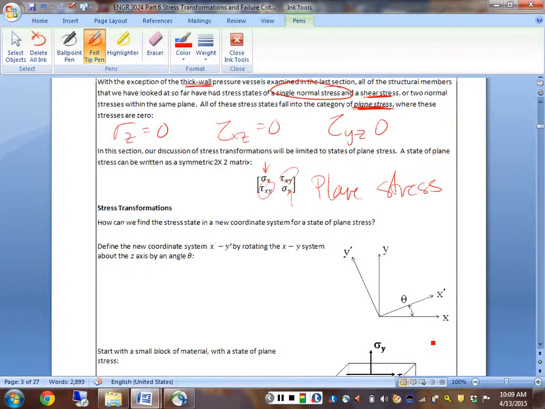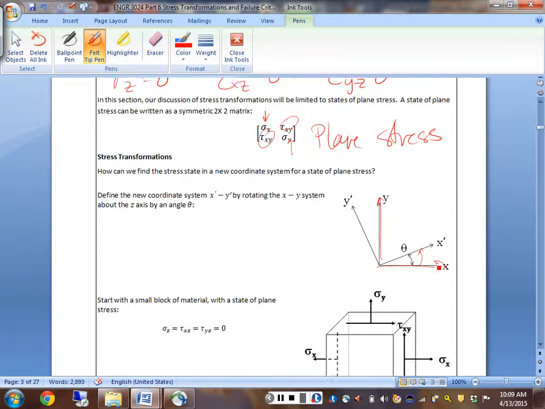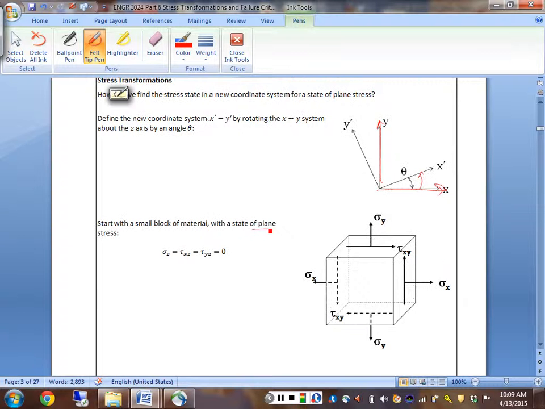So what do we do? We need to be able to transform a stress state into some other coordinate system. And we define that if we say we have our original xy system and we want to move it by theta to an x prime y prime.